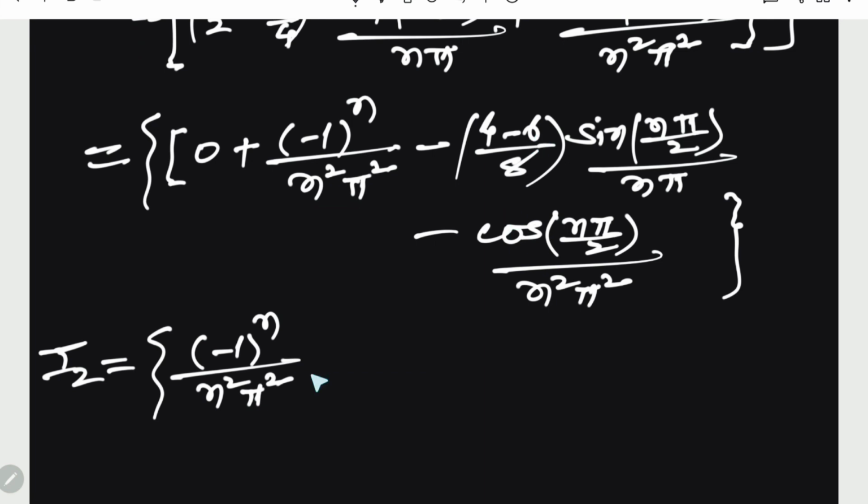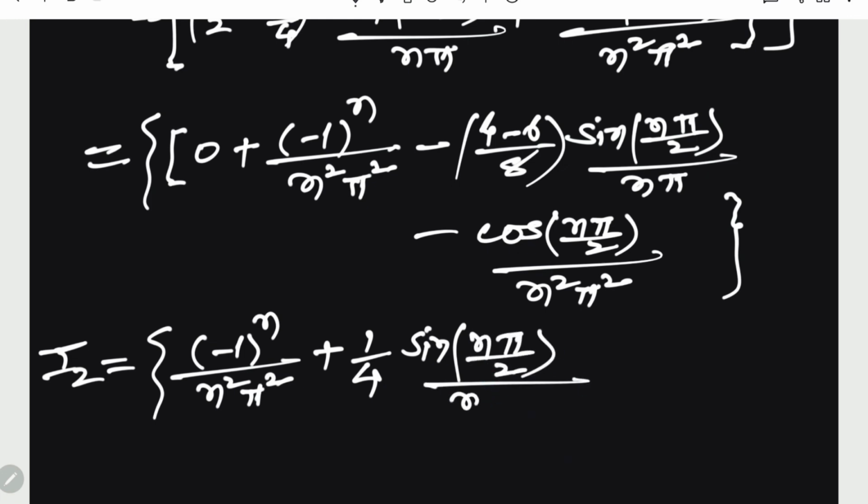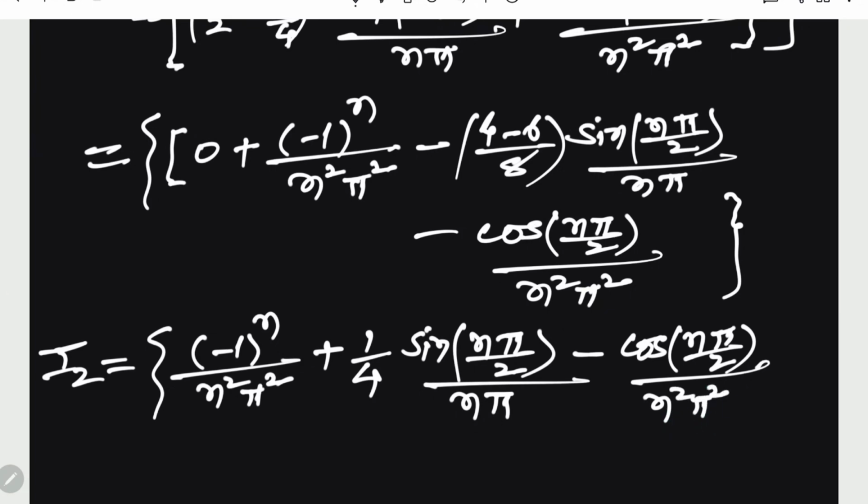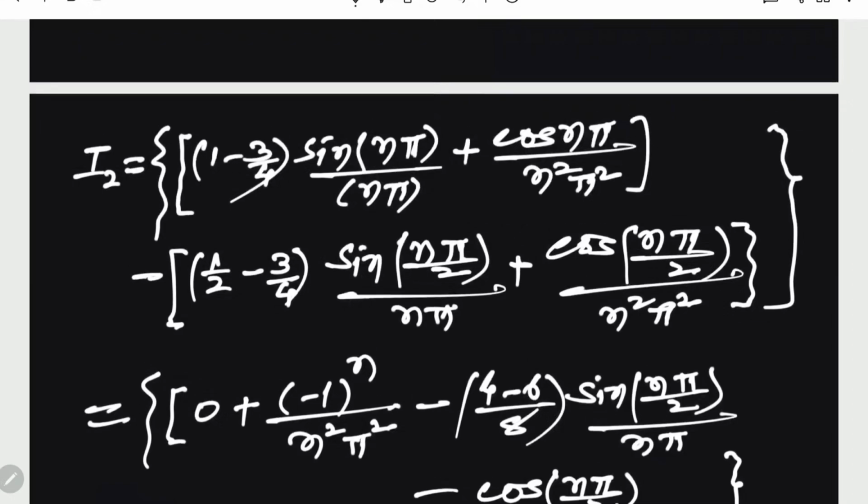This one is minus 2 by 8, means minus, and that minus becomes plus 1 by 4 sine of n pi by 2 whole divided by n pi, and minus cos n pi by 2 divided by n square pi square, and we call this equation number 5.